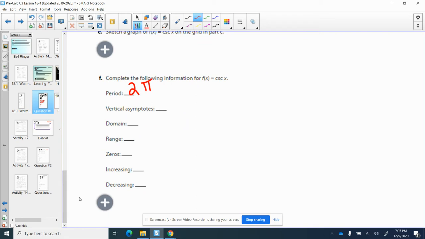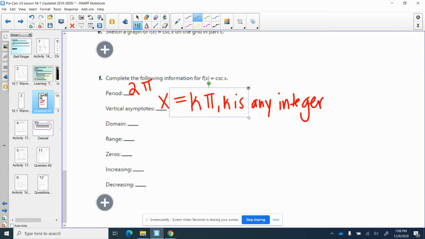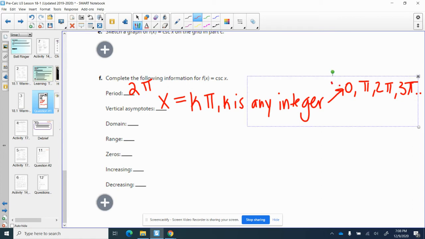We have a vertical asymptote occurring every time we are at 0, 1 pi, 2 pi, 3 pi, aka k times pi, and basically we're saying that k is any integer. Again, that's relating back to the idea that it was occurring at 0, pi, 2 pi, where all of these were occurring, going both directions, negative to positive infinity.